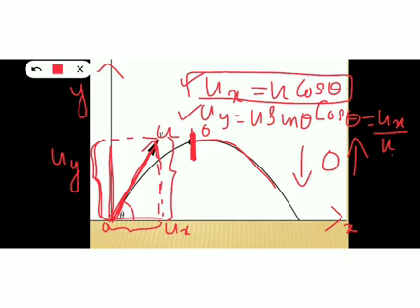Why? Because the vertical component of velocity will be 0 at the maximum height. So at this position, uy is equal to 0, and ux will be u cos theta, because this ux is not going to change in the projectile motion.